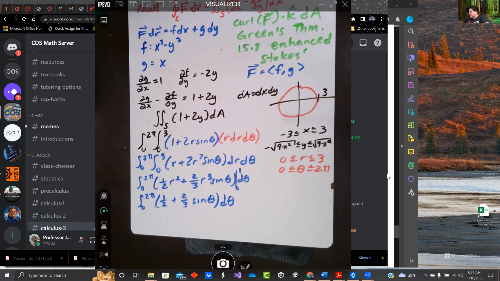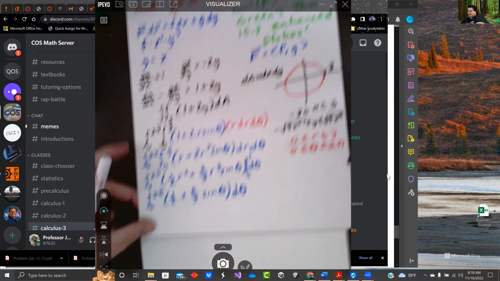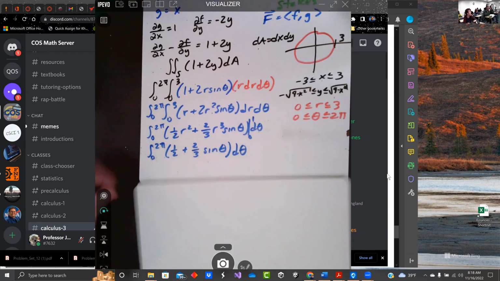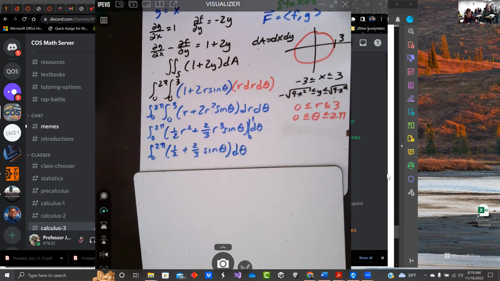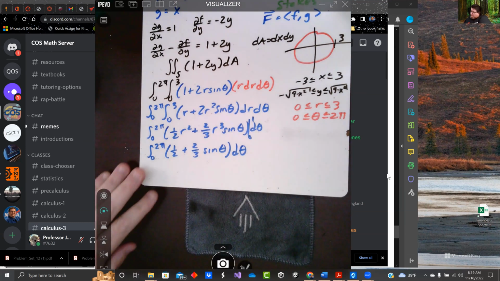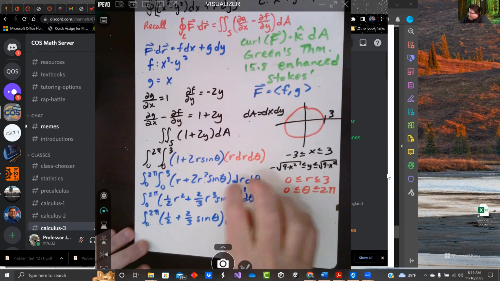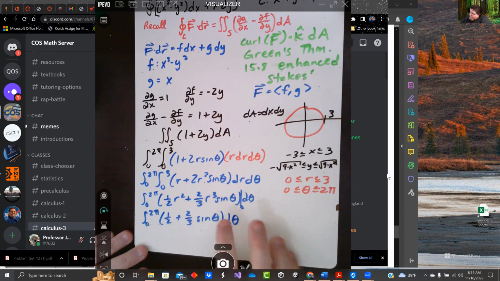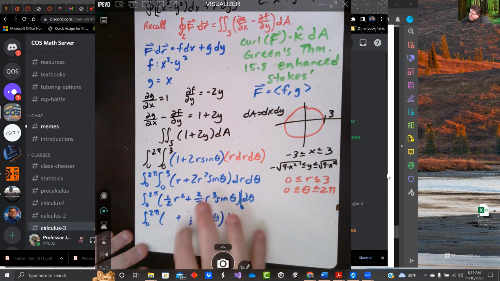I want to put this aside and show you one thing real quick that you may not think of, but I need a little bit more room to write, so I'm going to write on the next sheet. Our bounds are 0 to 3, not 0 to 1. My bad, you're right. Let's change this.